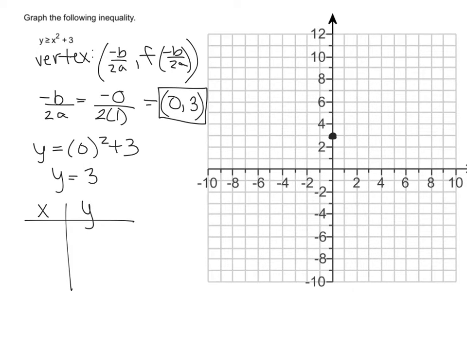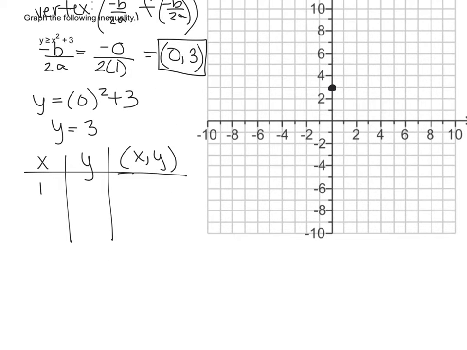And I'm going to find two other ordered pairs. So when I plug in a 1, I get y equals 1 squared plus 3, which is y equals 1 plus 3, which is 4. So my first ordered pair is (1, 4).